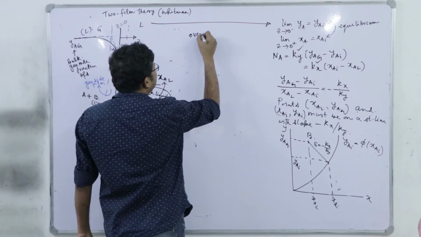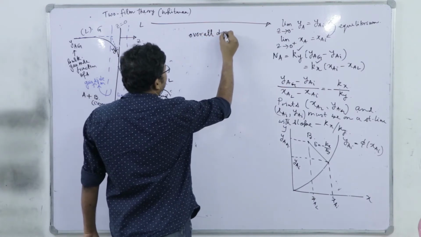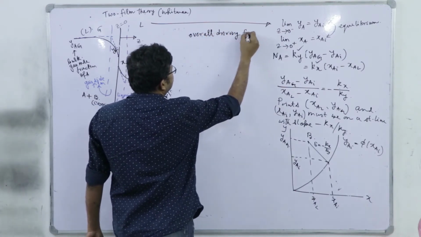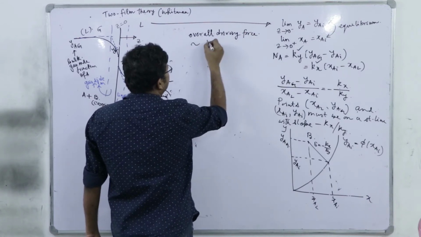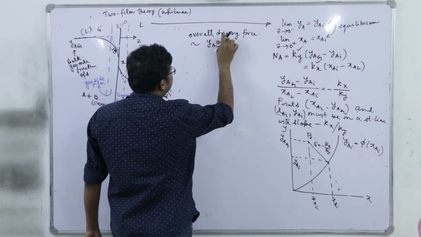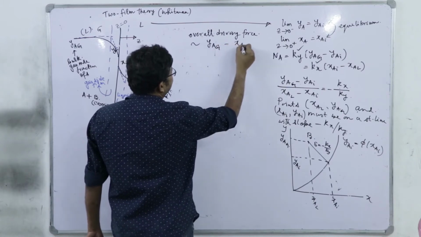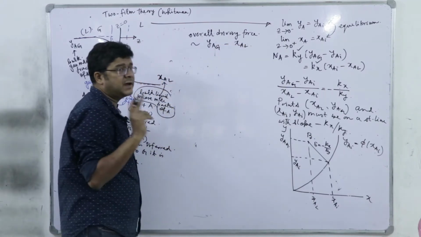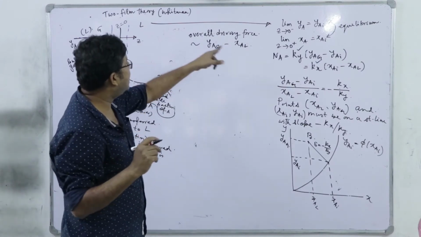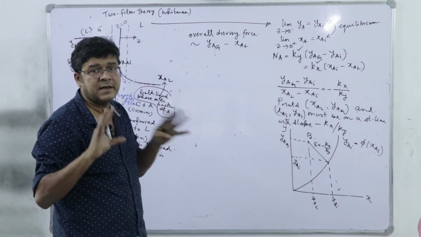So, the overall driving force is in the order of Yag minus Xal. However, we cannot write it like this. Why? Because they are not on the same basis.